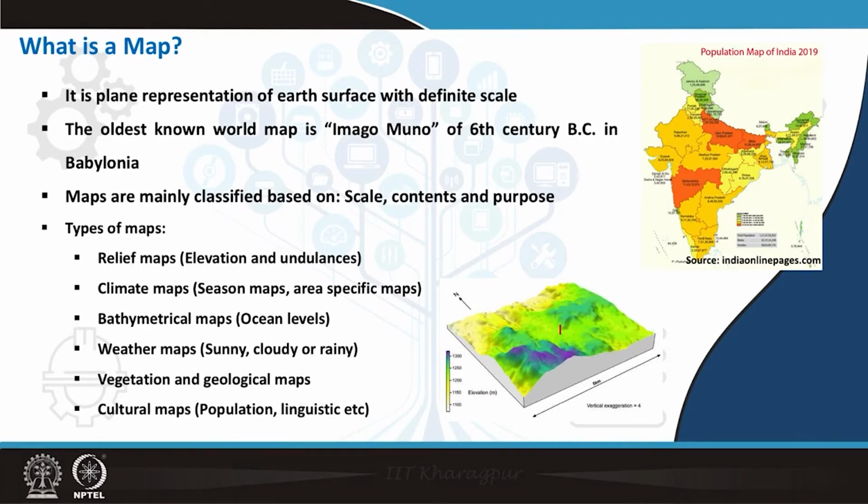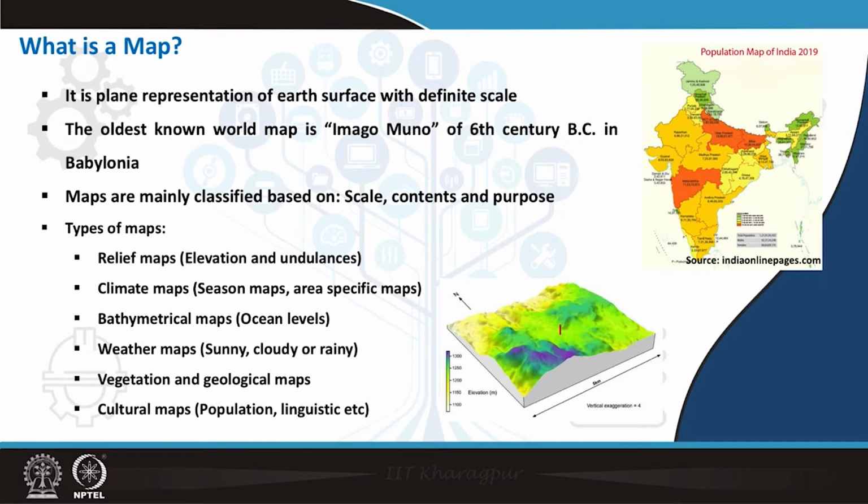It also gives you a vertical exaggeration, to see the elevation in a much more differentiated way, which is given as 4.